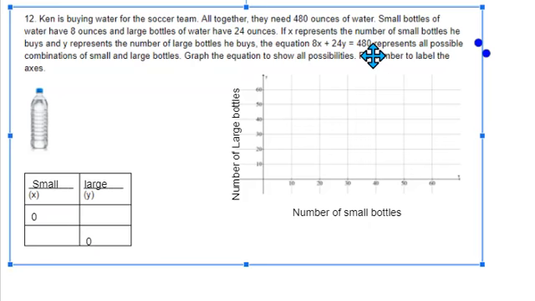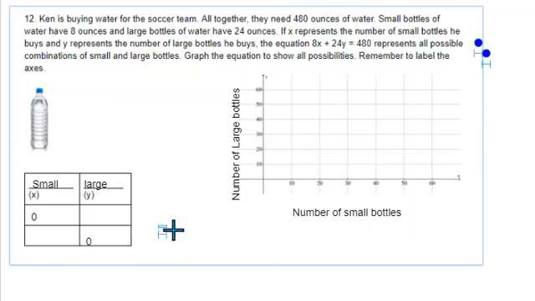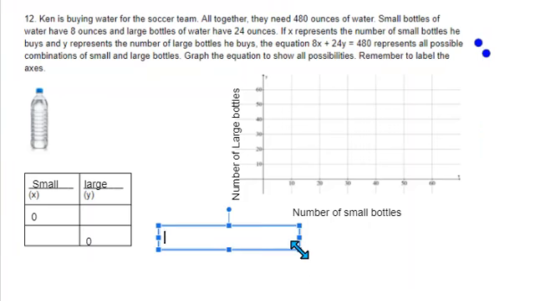I'm going to take my equation, 8x plus 24y equals 480. And you may want to just type this work out on your slide too, so you'll be able to show your group. So 8x plus 24y equals 480. And then I substitute 0 for the x.